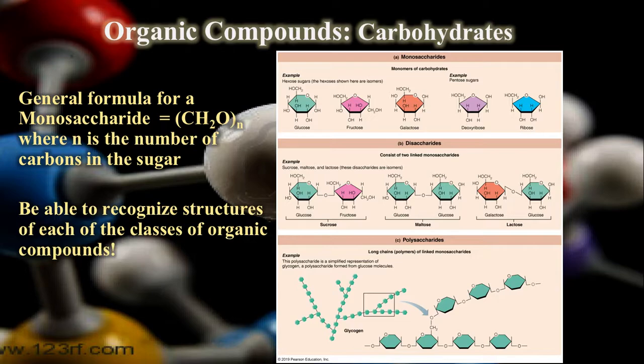So you store your glucose away, but then when you need some glucose, you just go back to that glycogen and you break off one. You say, hey, there's a glucose, I can use it now. And then you go break off another one and you can use that glucose. Okay? So we store away glycogen, but then we can get it out. Okay?